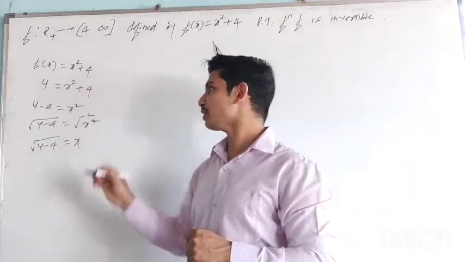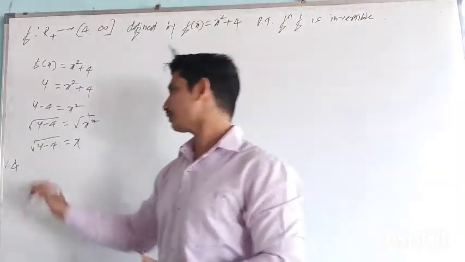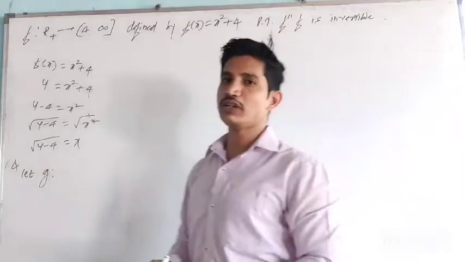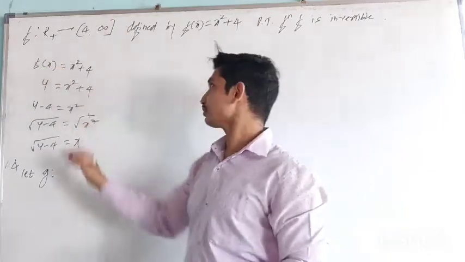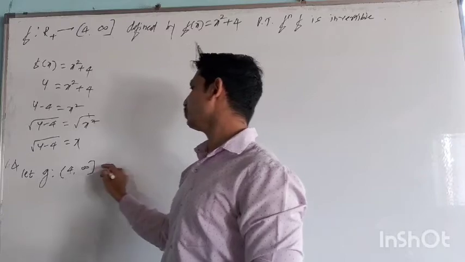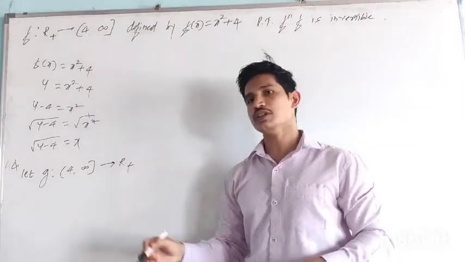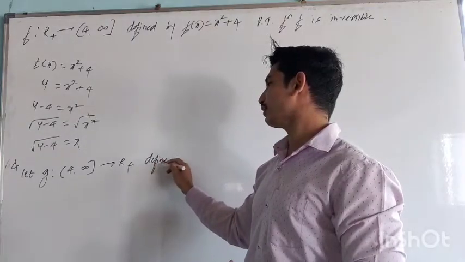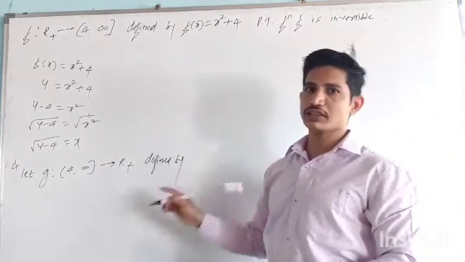Now write the function g, the inverse function. Inverse means the reverse of this, so g is from [4, infinity) to R plus. How is it defined? This was f of x, and this is g of y.